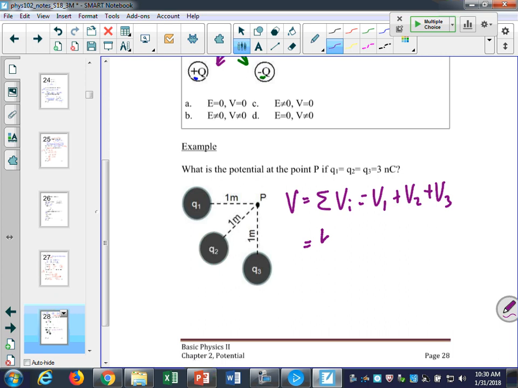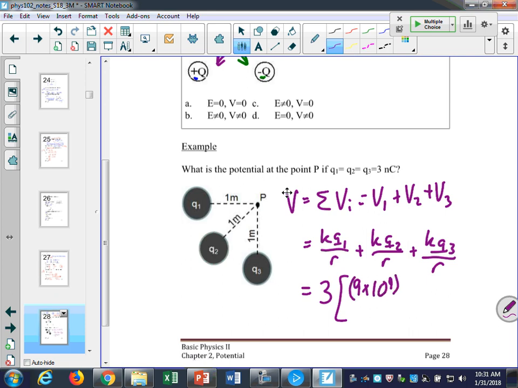which is going to be K Q1 over R plus K Q2 over R, and so on. Well, Q is all the same, so I'm just going to do 3 times that value. So it's going to be 3 times 9 times 10 to the 9th.